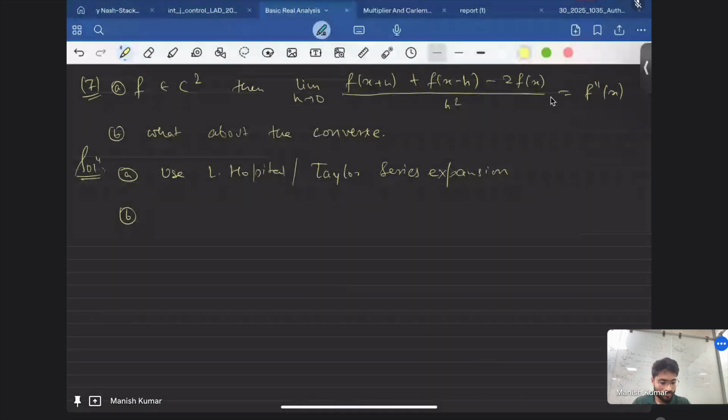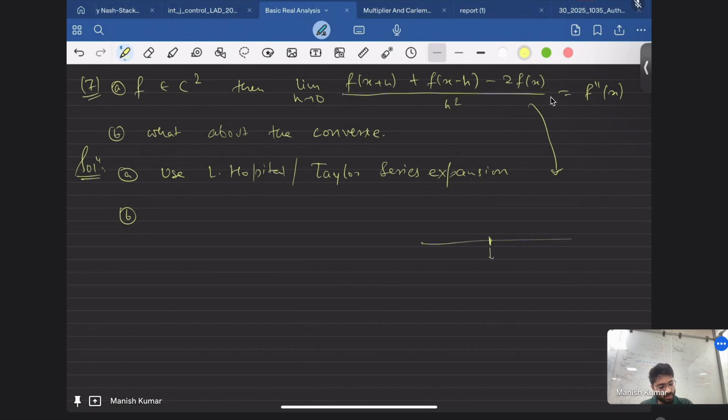I think, see, this is also called central difference. If you do numerical analysis, there you discretize the derivative, and this is how you choose the approximation. If you want to get the derivative at this point, then you use these 3 points.